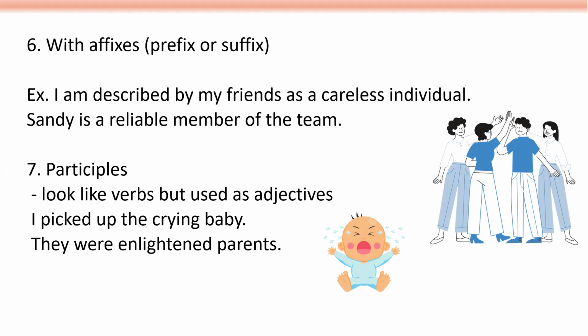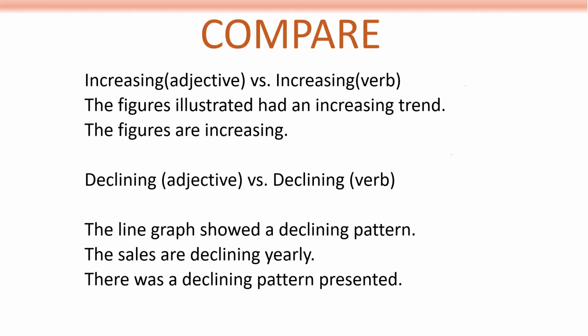Okay, I'll give you more examples for clarification. Let's compare words that are used as adjectives and words that are used as verbs. Okay? The word increasing, it's also another versatile word. The reason why we're going to point out the word increasing and declining is because these are words that are often used in your writing tasks. Okay? So let's take a look at the examples given here.